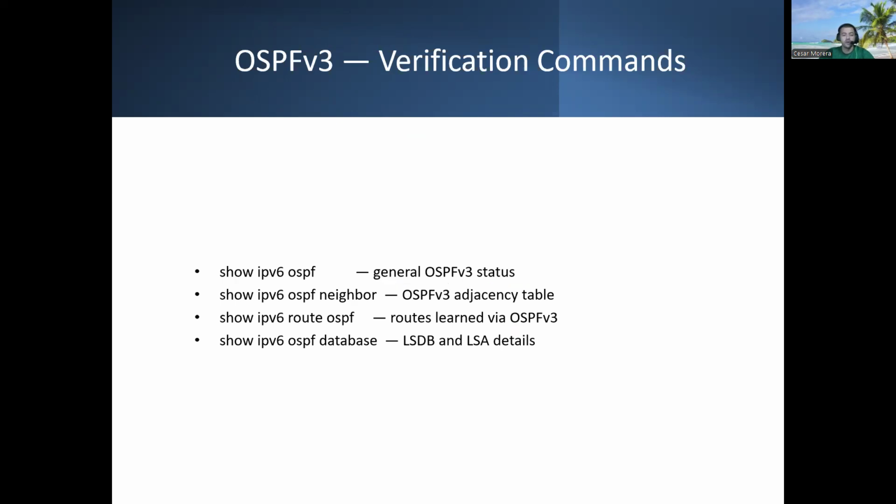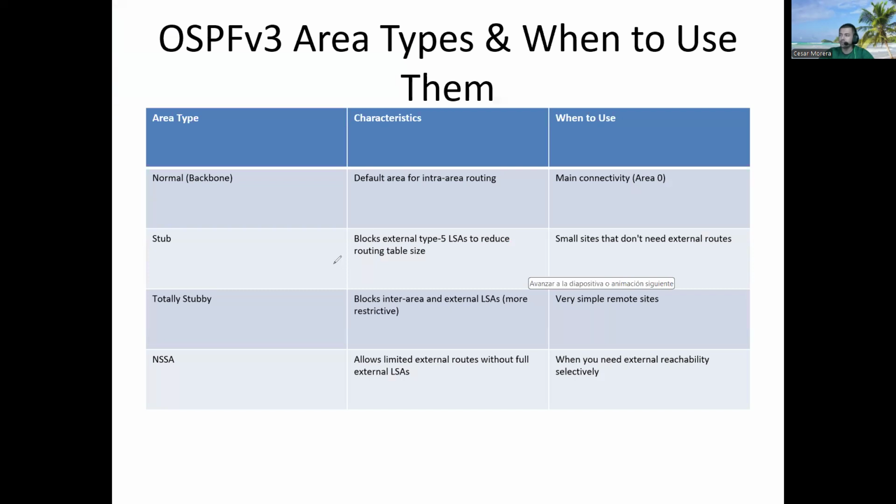Okay, let's continue learning about OSPFv3 a little bit, and this is what we have now. Let me use the highlighter for this one so you can have a better view. Let me use the green color and the normal backbone. What do we mean by normal backbone?